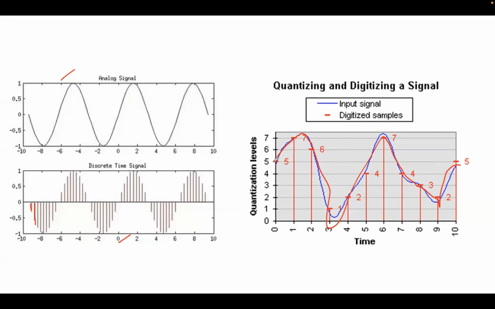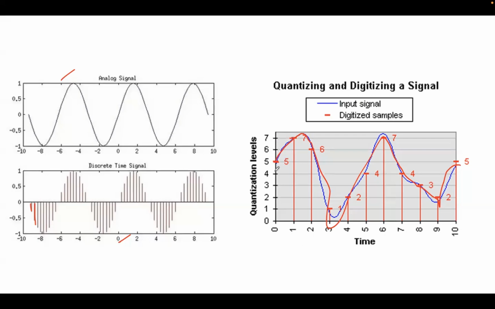Whereas all these red dots represent quantization, where each sample's amplitude is mapped to the nearest discrete level. These levels are fixed numbers, usually between 0 and 7, representing possible binary codes. And after quantization, the signal becomes both discrete in time as well as discrete in amplitude, which gives you the digital signal.